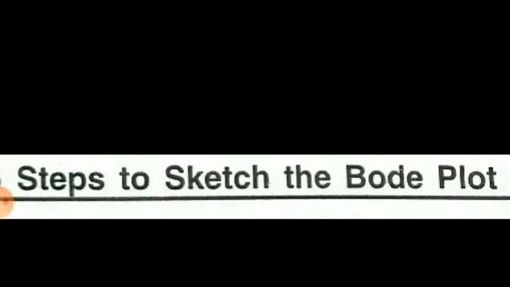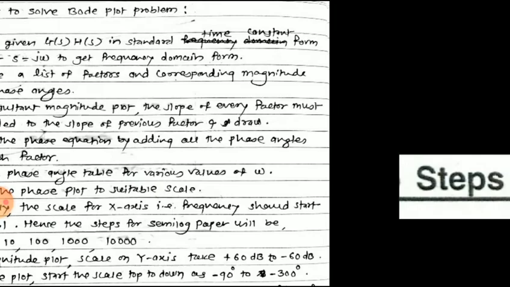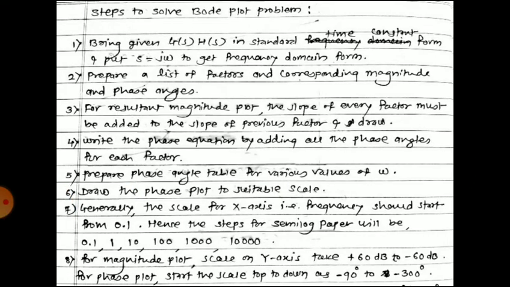So, the steps to sketch the Bode plot. First, bring G(s)H(s) into standard time constant form, as we have seen earlier in an example, and put s equal to j omega to get the frequency domain form. Second, prepare a list of factors and corresponding magnitude and phase angles.